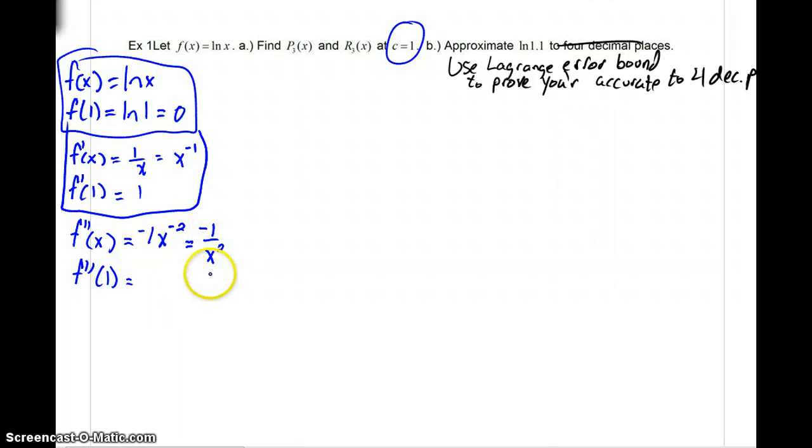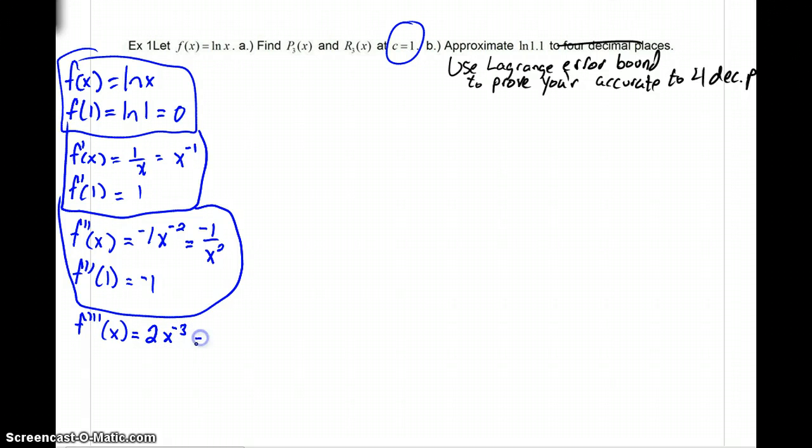Negative 1 over 1 squared, of course, is simply negative 1. Well, let's continue taking another derivative, the third derivative. Again, coming up to negative 1, x to the negative 2. Bring your negative 2 down. Negative 1 times negative 2 is a 2. This is 2x to the negative 3. And by the way, this, of course, would be 2 all over x cubed. But if we were to evaluate this at 1, 2 all over 1 would simply be a 2.